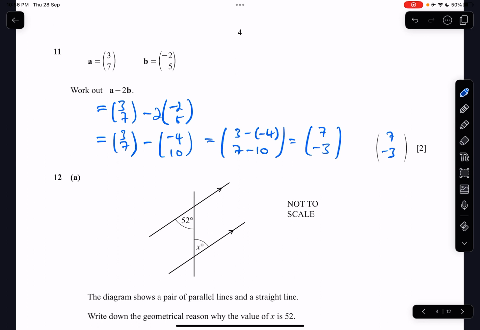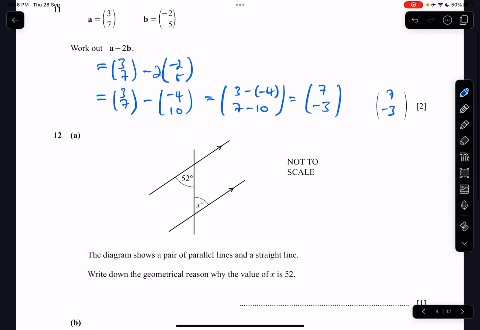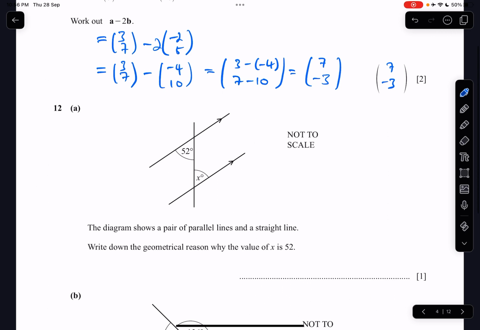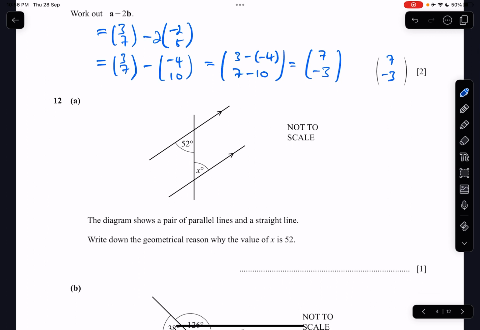Great. Okay, let's look at question 12a. The diagram shows a pair of parallel lines and a straight line. Write down the geometrical reason why the value of x is 52. For parallel lines, just to recap a little bit, we have corresponding angles, alternate angles, and interior angles.